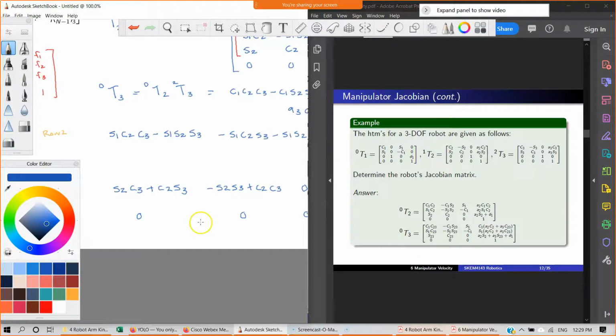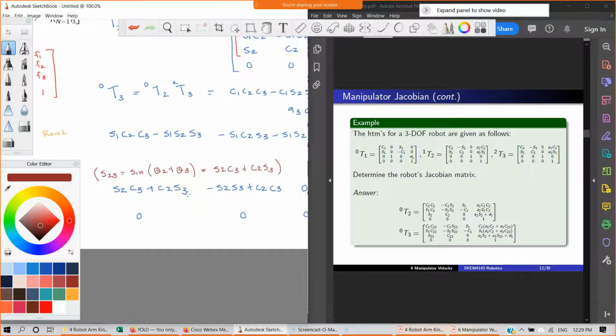S23 is sine of theta 2 plus theta 3. And can you remember the identity? Sine theta 2 cos theta 3 plus cos theta 2 sine theta 3. So this is the trigonometric identity.